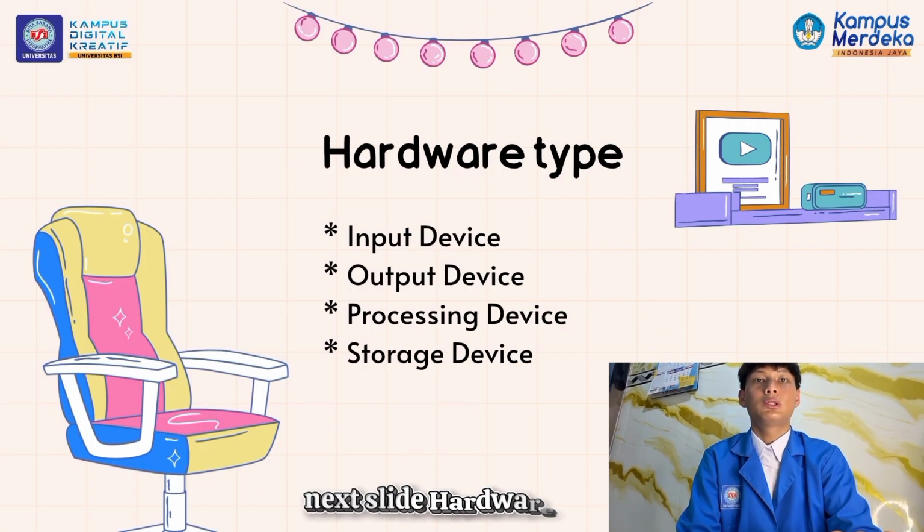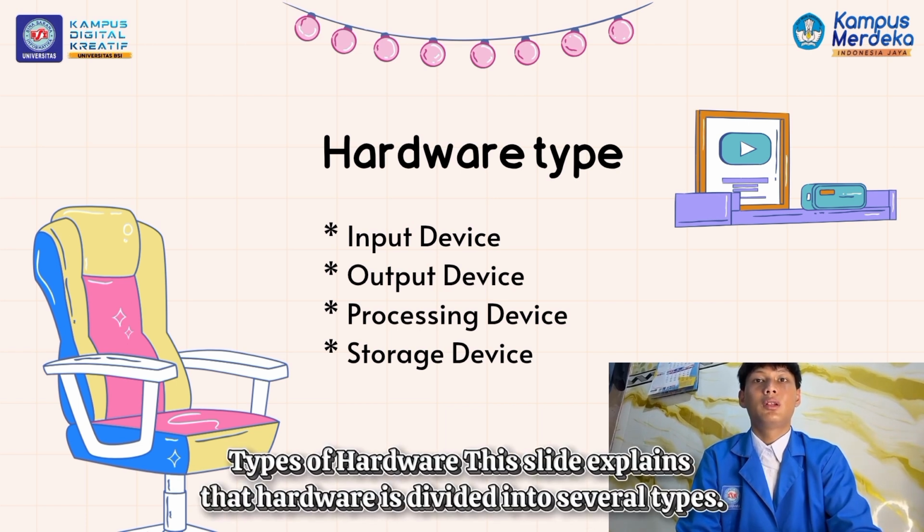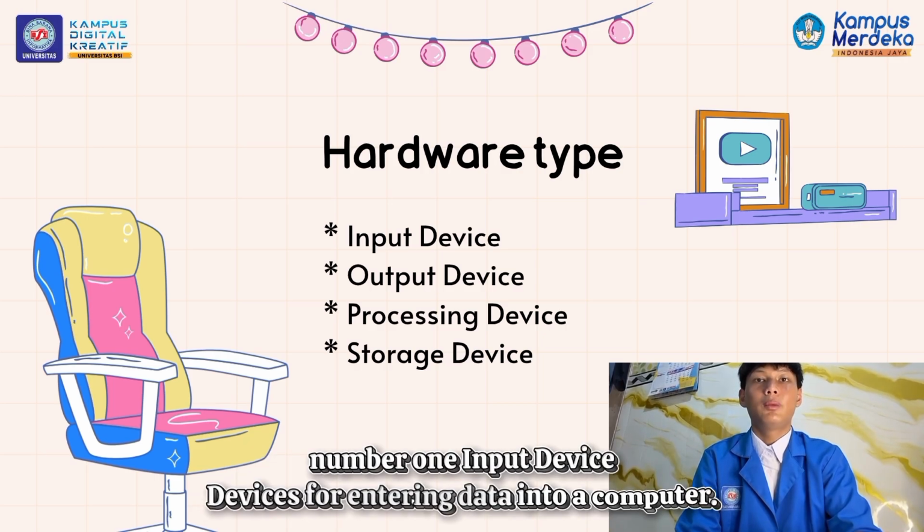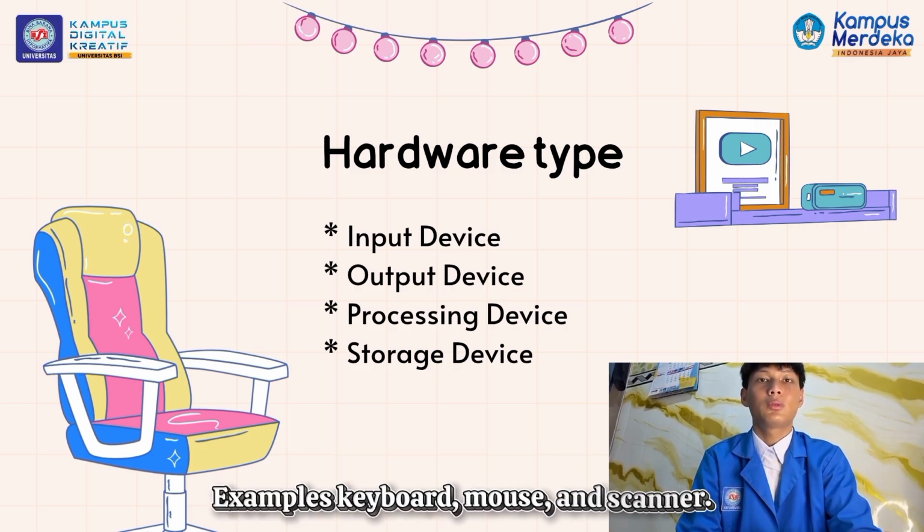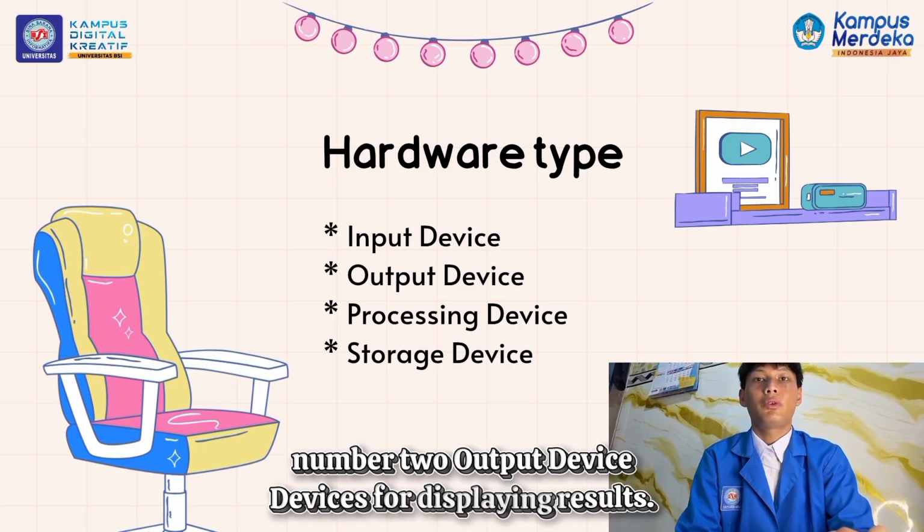Next slide, types of hardware. This slide explains that hardware is divided into several types. Number 1, input device. A device for entering data into a computer. Example: keyboard, mouse, and scanner. Number 2, output device.